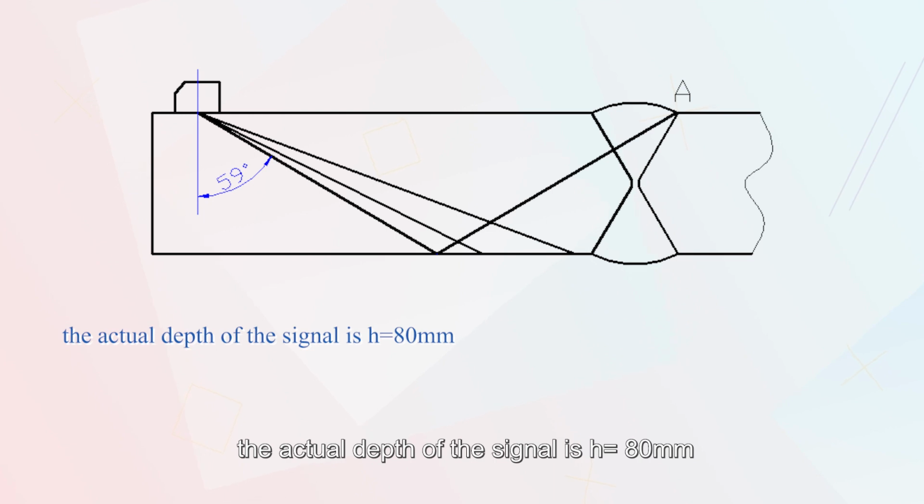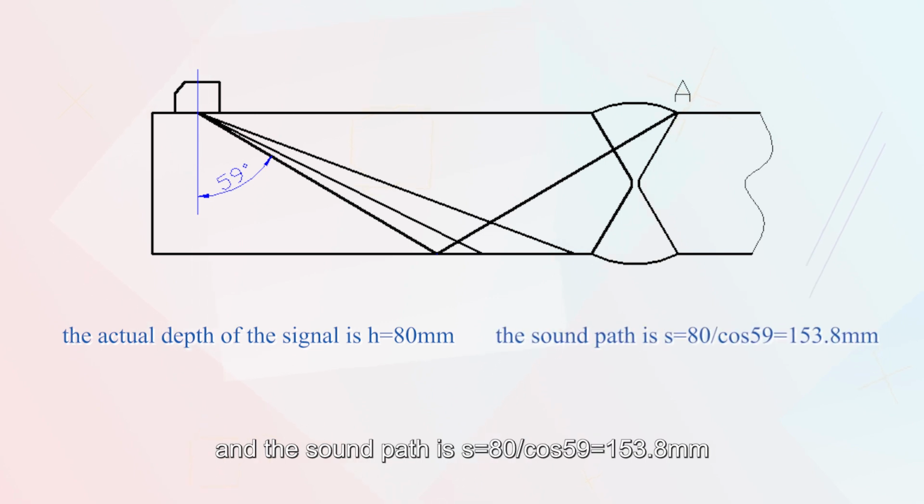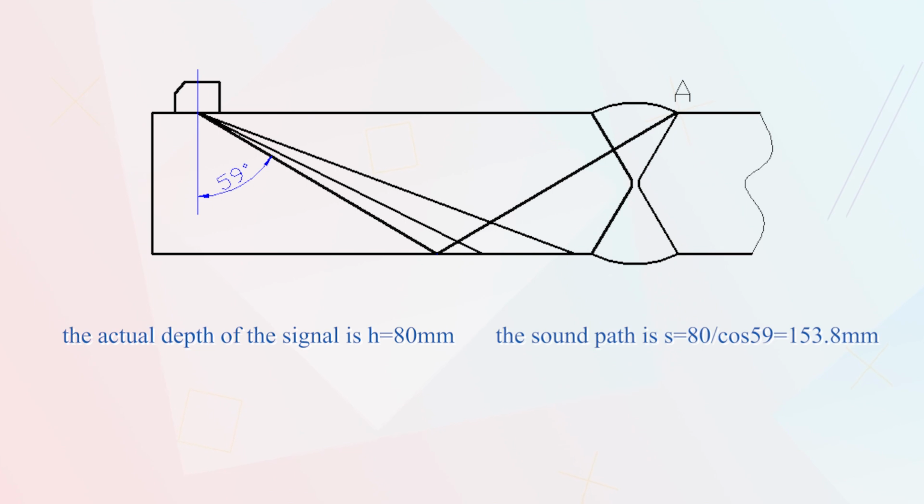At this time, the actual depth of the signal is H equals 80 mm, and the sound path is S equals 80 divided by cosine 59, which equals 153.8 millimeters.